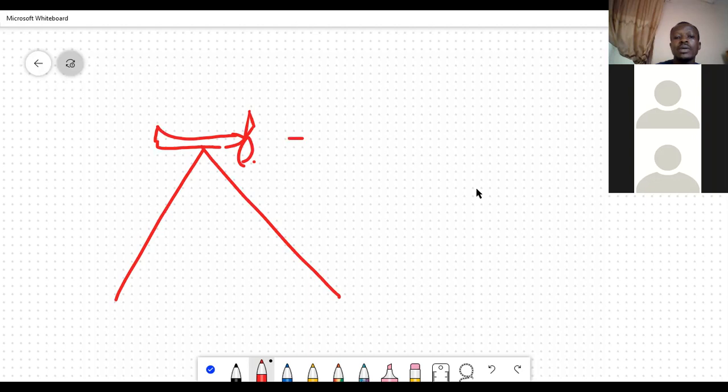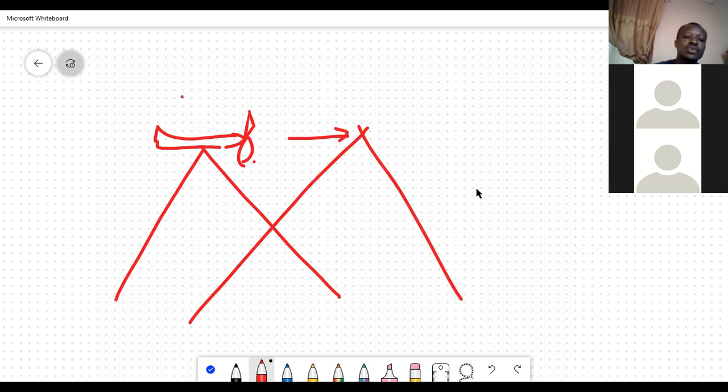When it moves forward, we can now talk about a new exposure station. So L1, L2. The plane is now at this point.